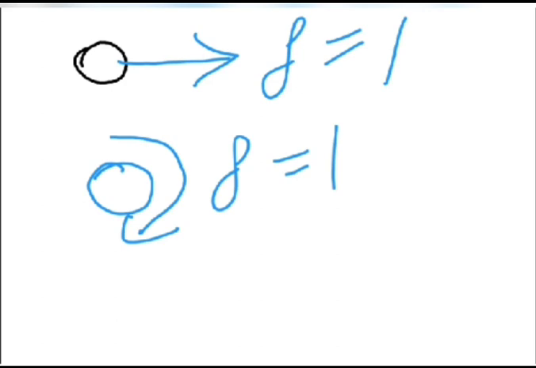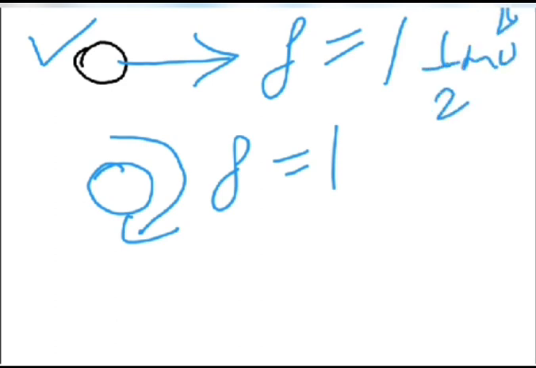One more thing you need to remember is that with reference to each and every motion possible for an atom, there is an associated energy; only then can it show that movement. In the case of translational motion, the first case, the associated energy is given by half mv square.